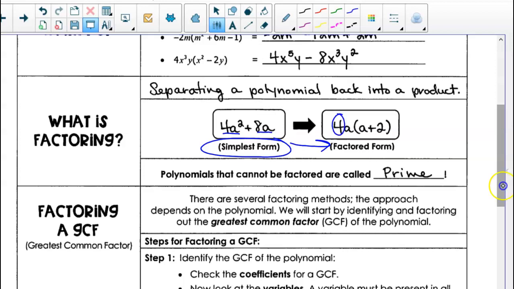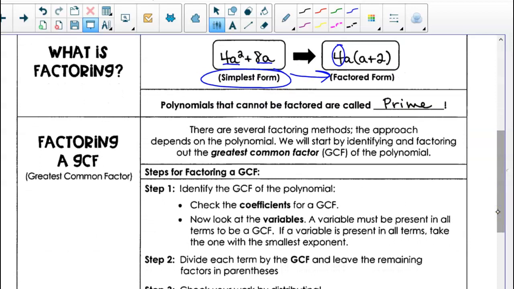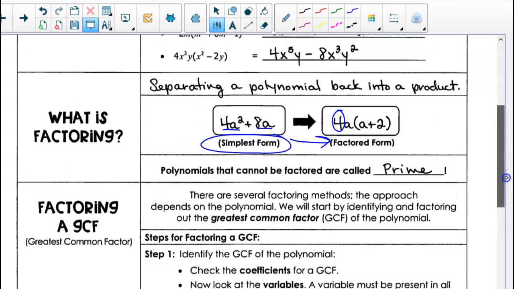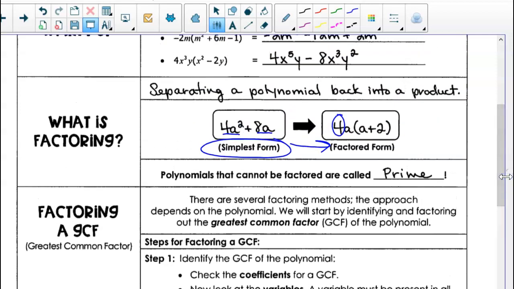Then, I have to look at the variables. A variable must be present in all terms to be a GCF. If the variable is present in all terms, we're going to take the one with the smallest exponent. Looking back at this example, I see that this has 2 terms. One has an a squared, and one has just an a, or an a to the first.